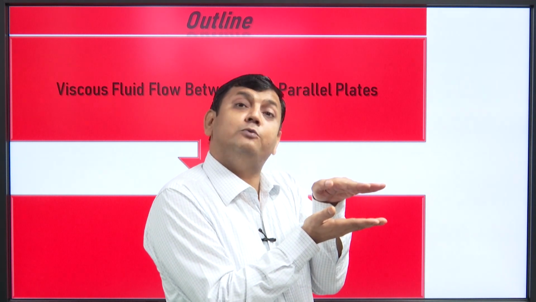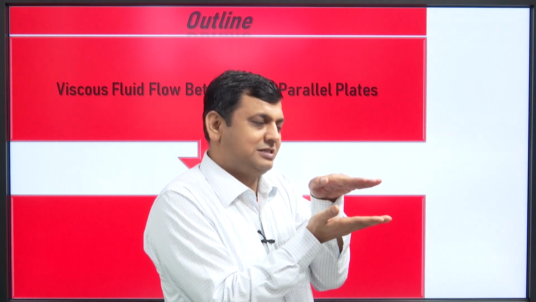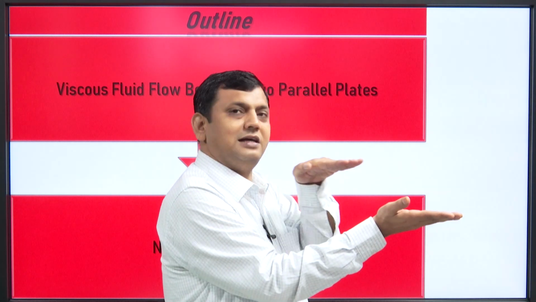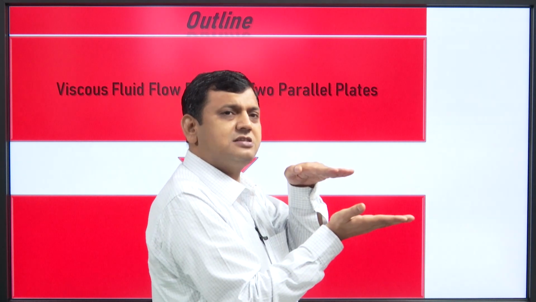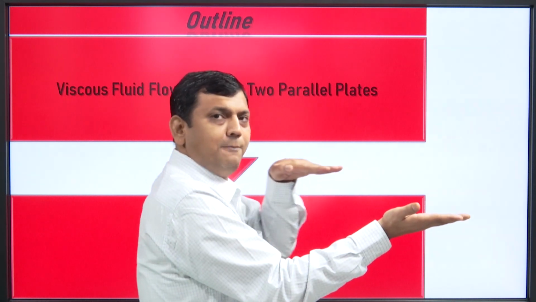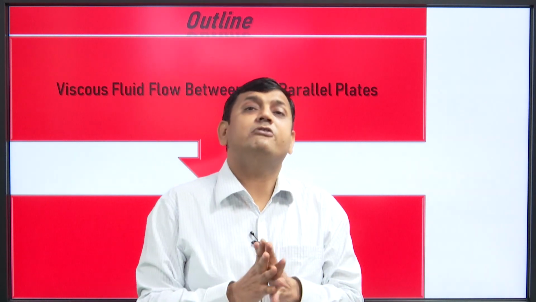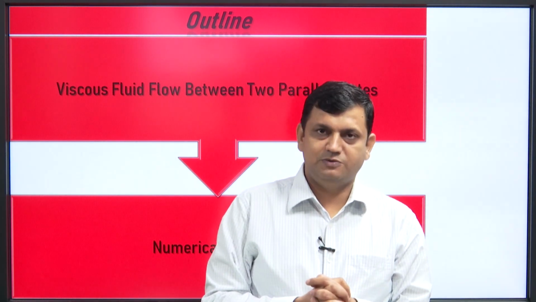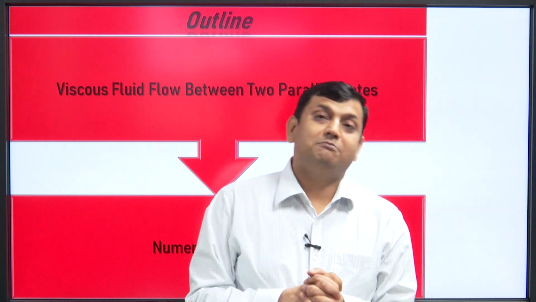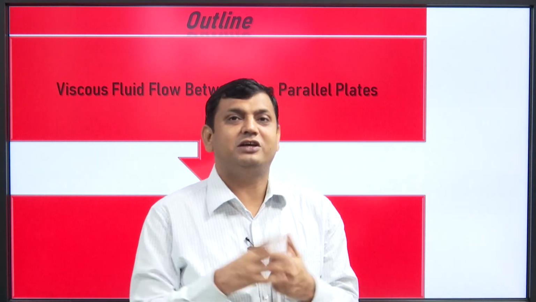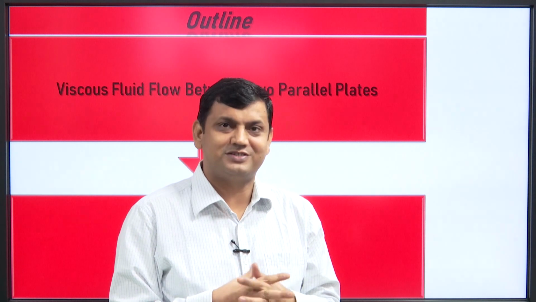Another, if both plates are moving, one in the direction of flow and another opposite to the flow, what is the pattern of velocity and pressure distribution? How do we calculate all these distributions, velocity, pressure, and shear stress?